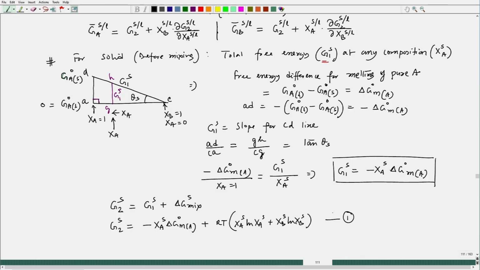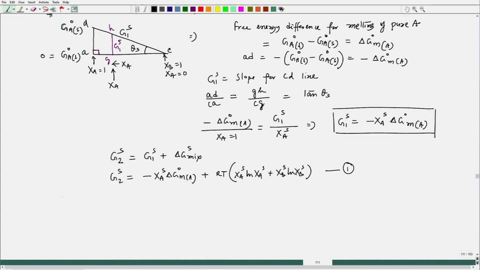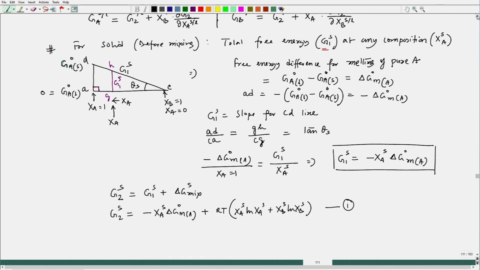Okay. Similarly, I want to do the same thing. Here we have also found the equation for the solid solution, which is G2 solid.